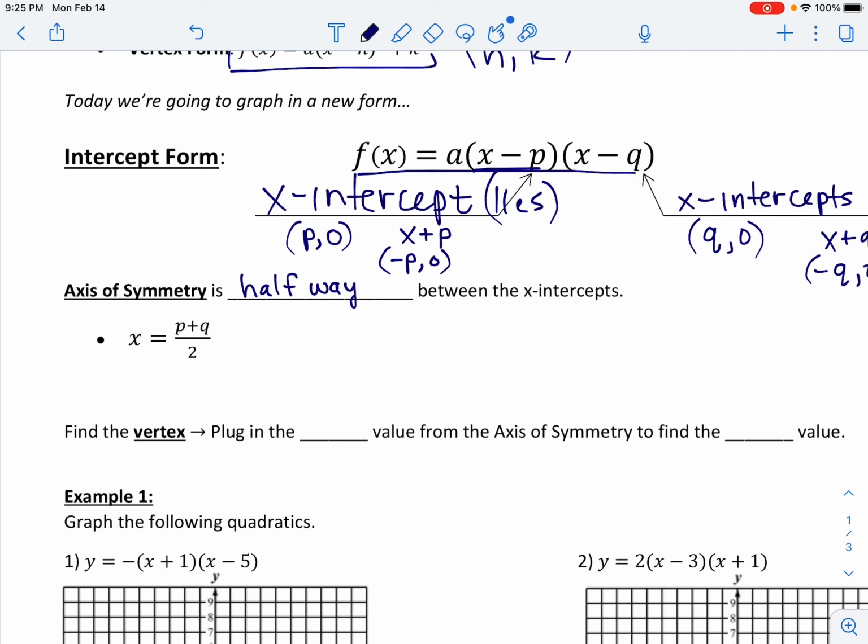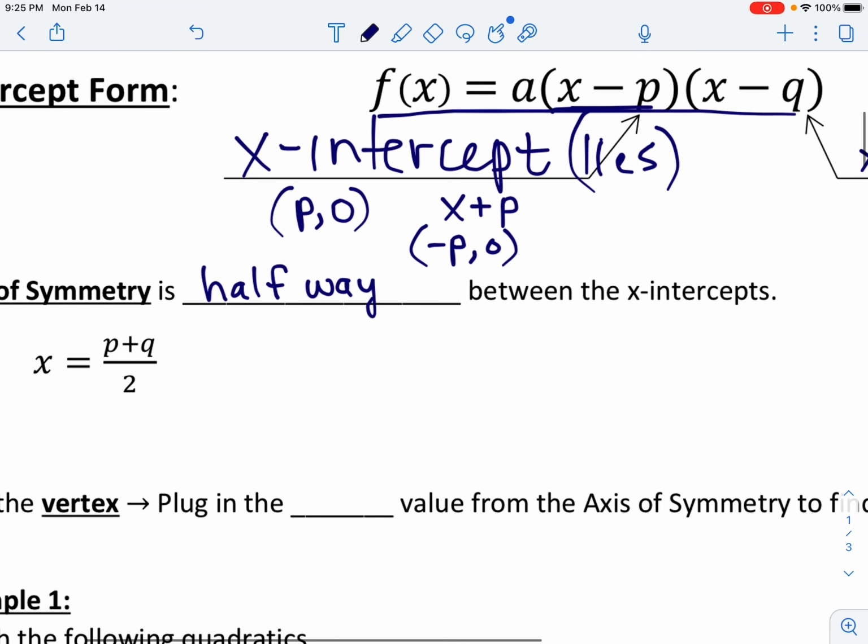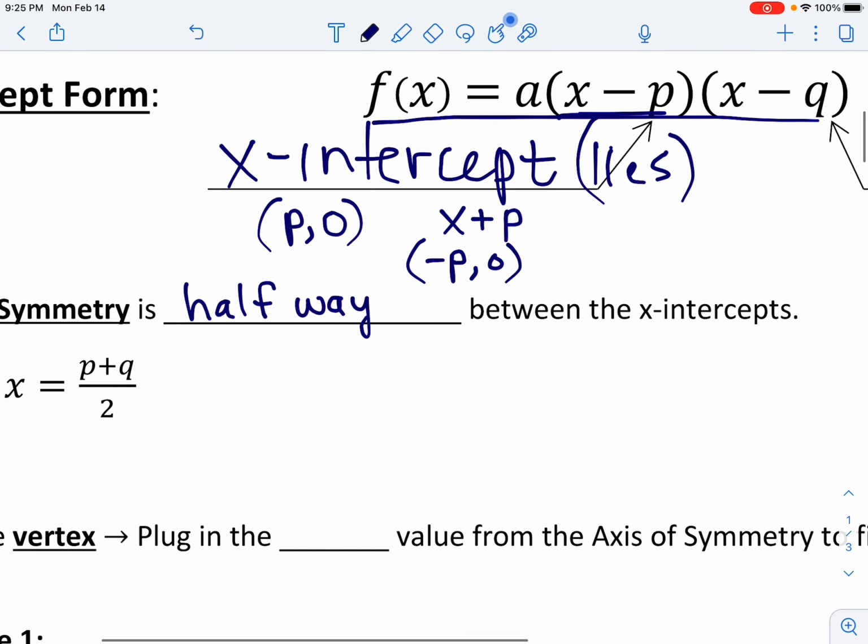So to find the axis of symmetry, since it is halfway between the two x-intercepts, we're going to add the two together and divide by 2. That's what we do when we want to find the average, or the mean. We want to add it together and divide it by 2.